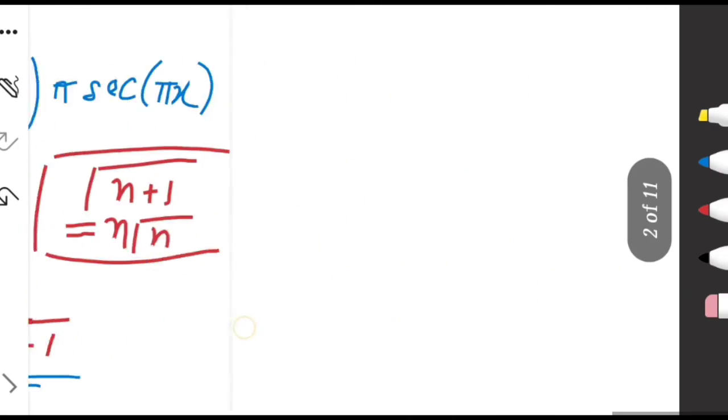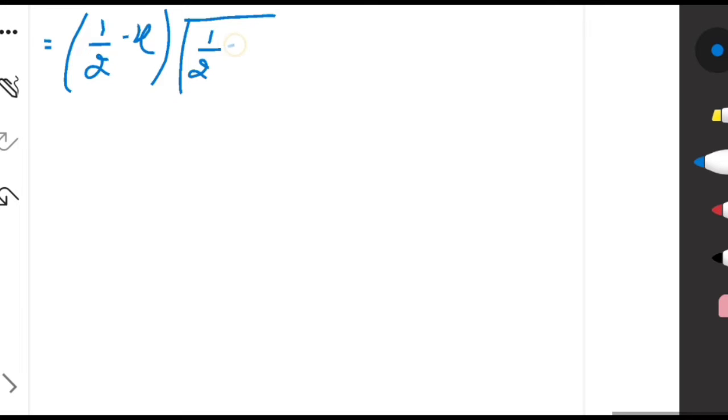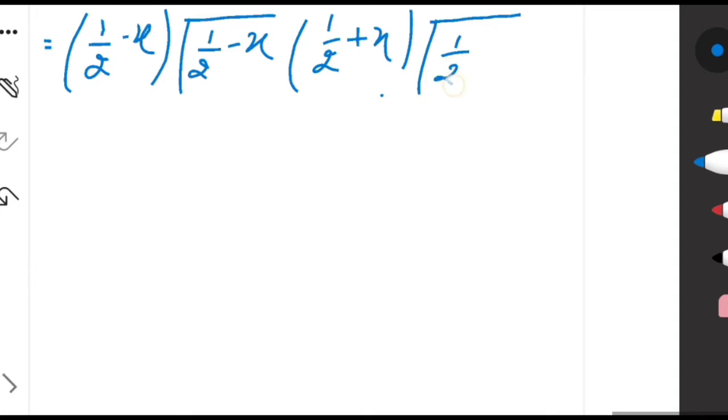Now this is equal to (half minus x) gamma of half minus x, and then (half plus x) gamma of half plus x.